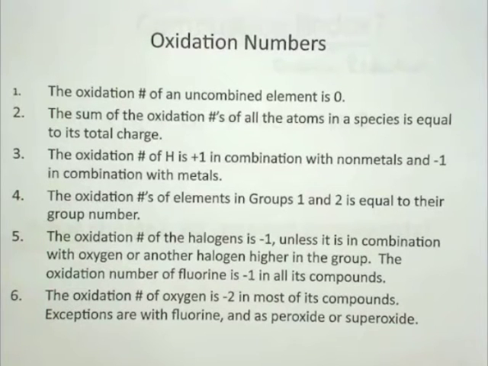For example, magnesium has no charge and its oxidation number is assigned as 0. The oxidation numbers for elemental cations and anions really are also the charge.